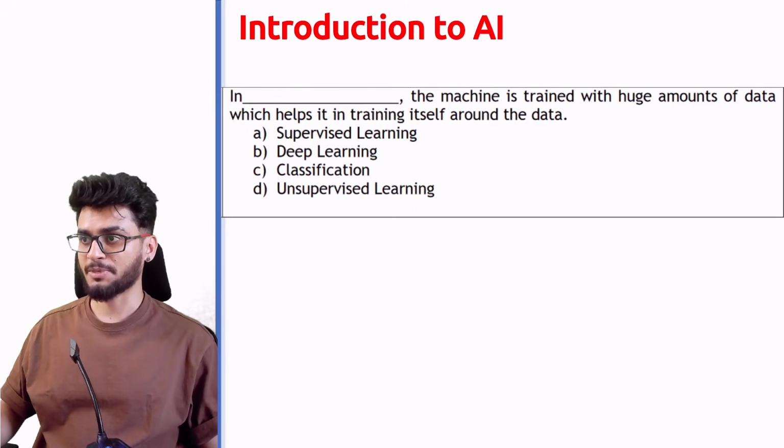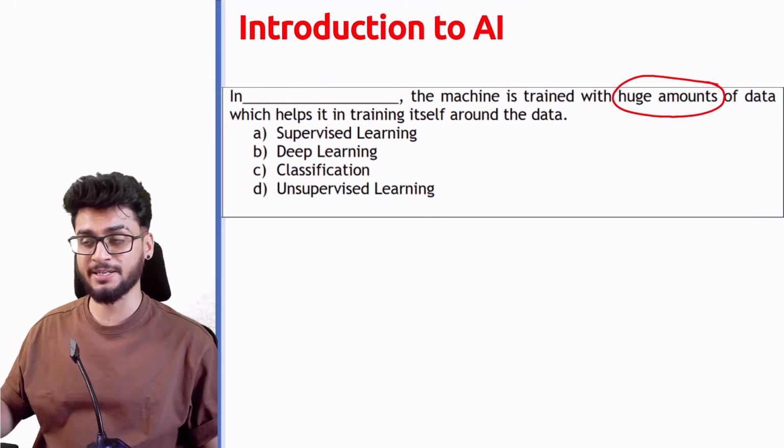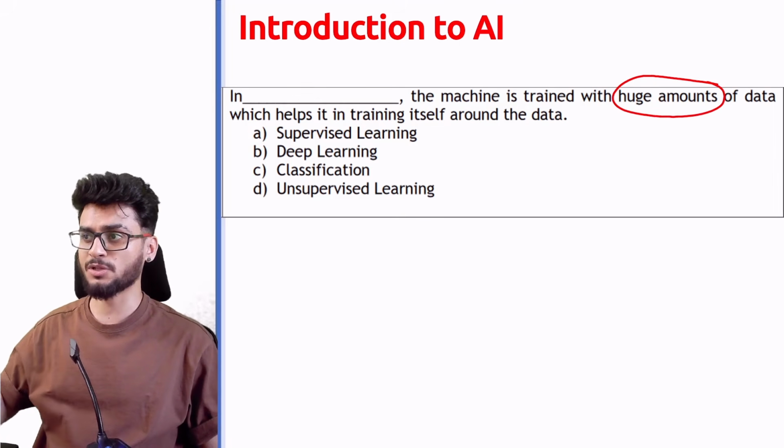In Dash, the machine is trained with huge amounts of data, which helps it in training itself around the data. Now, huge amounts of data में huge amounts is the major keyword. You have to recall कि कौन सा process सबसे ज़्यादा amount of data लेता है.